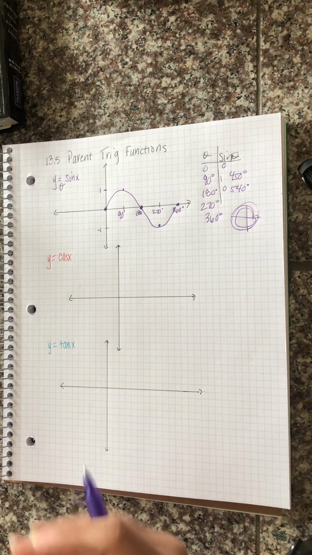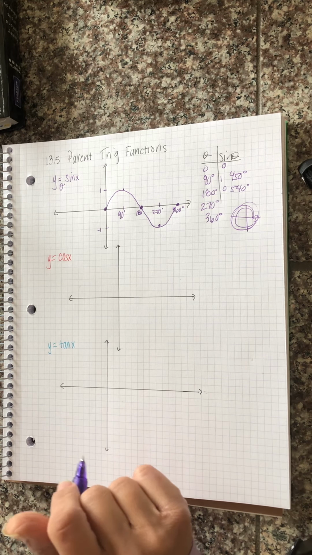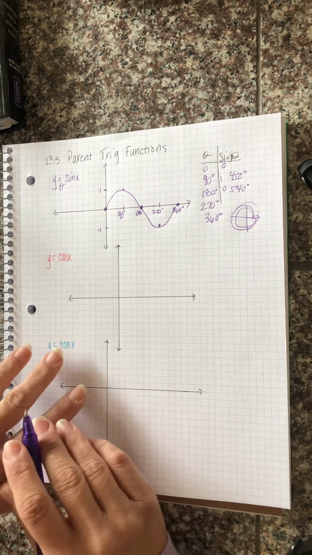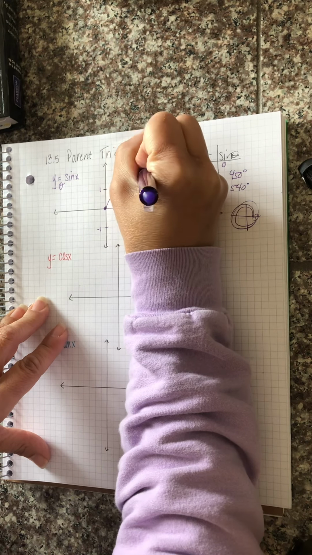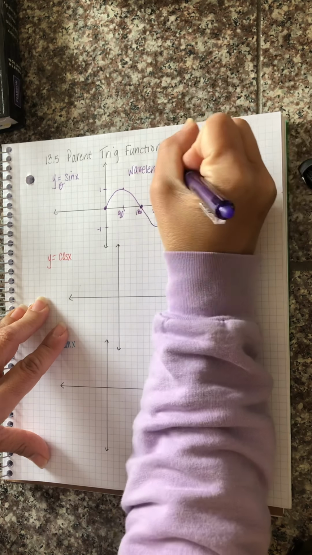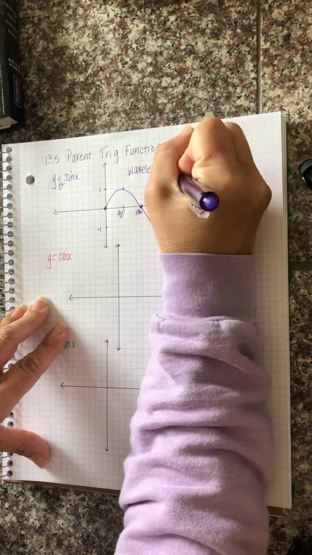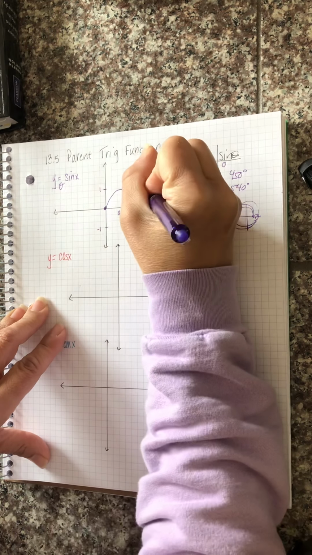For the parent function, the wavelength is 360 degrees or 2 pi. This is more commonly called the period.